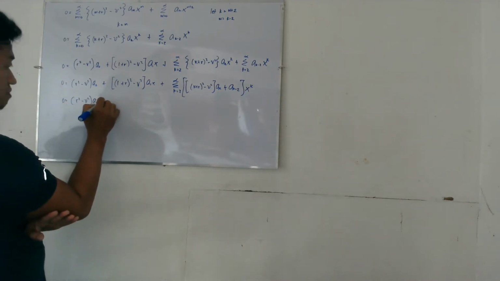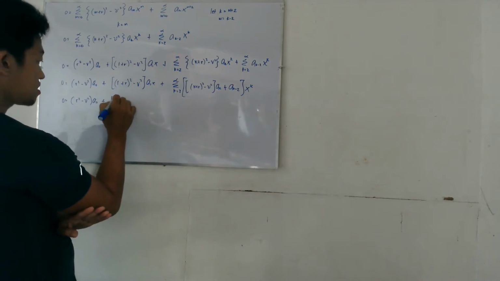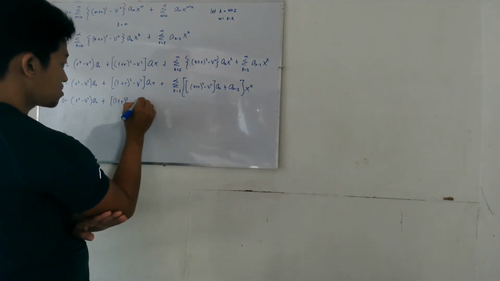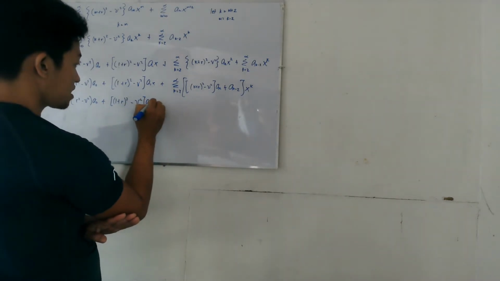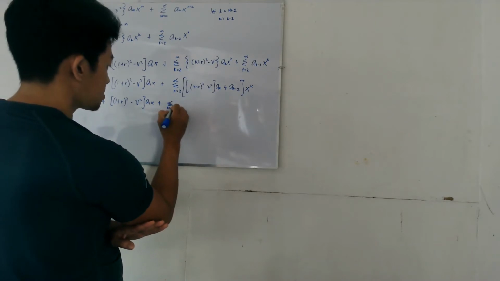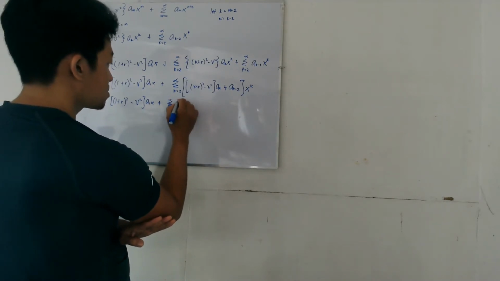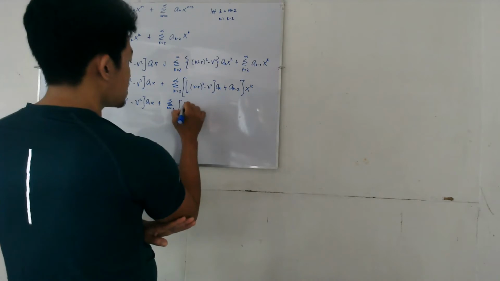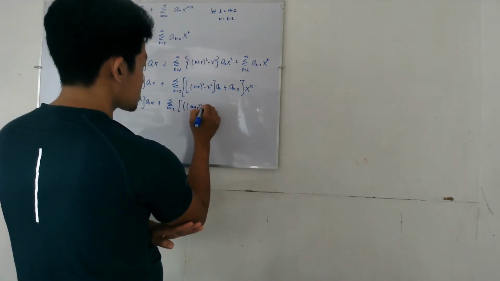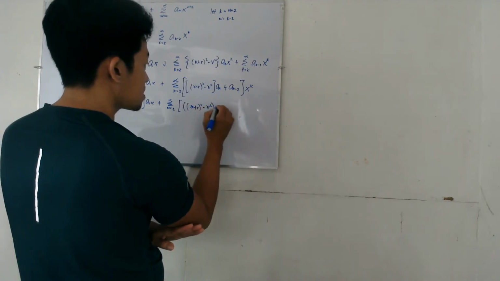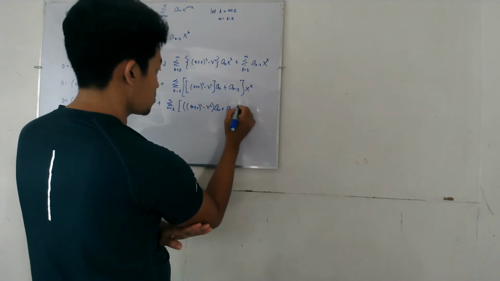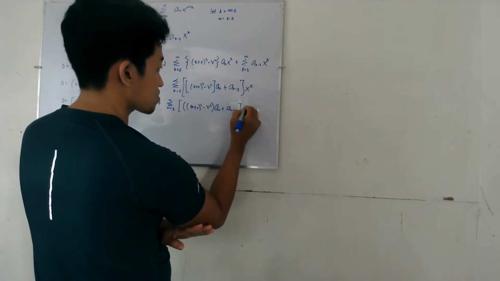A naught plus (1 plus r) squared minus mu squared a1 x plus summation m equal to 2 of (m plus r) squared minus mu squared a sub m plus a sub m minus 2, x to the m.